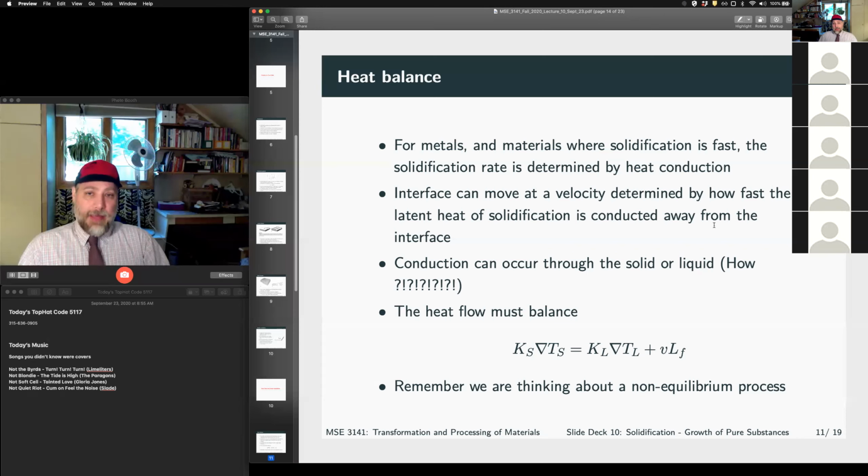And the question we have when we think about growth instabilities like dendrites is, what is stopping one of those tiny little protrusions from growing out into the liquid faster than the surrounding neighborhood, and creating essentially a needle that's growing out?